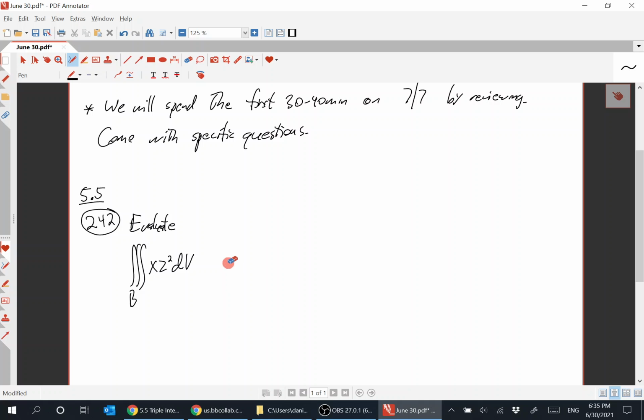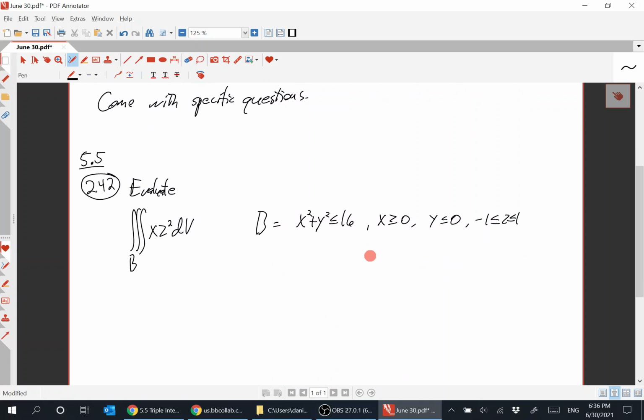So where B is equal to x squared plus y squared less than or equal to 16, x bigger than or equal to 0, y less than or equal to 0, and -1 less than or equal to z less than or equal to 1.